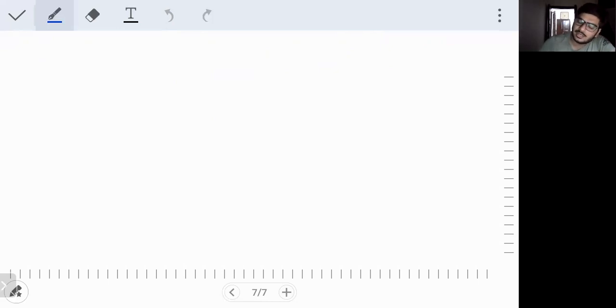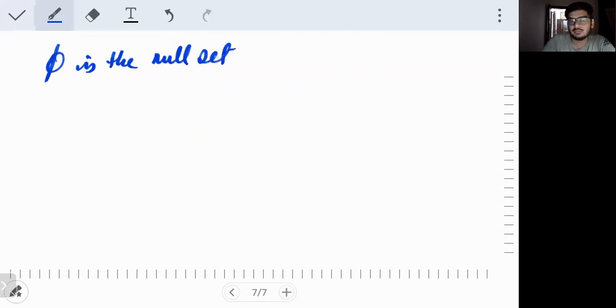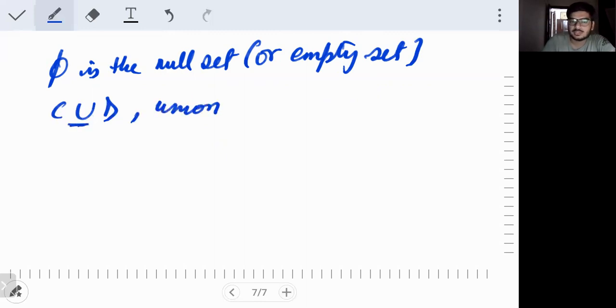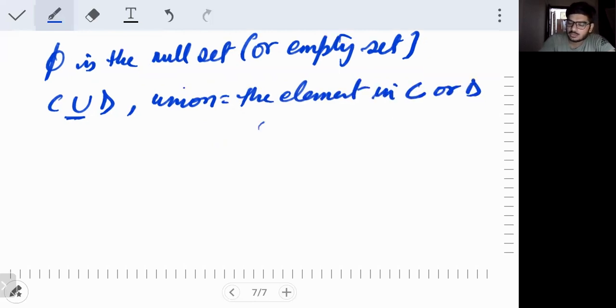Let me introduce you to some terminologies. This is phi, the null set, also called the empty set, which some of you must be aware of. The other one is the union: an element is in the union if it is in C or in D or in both.